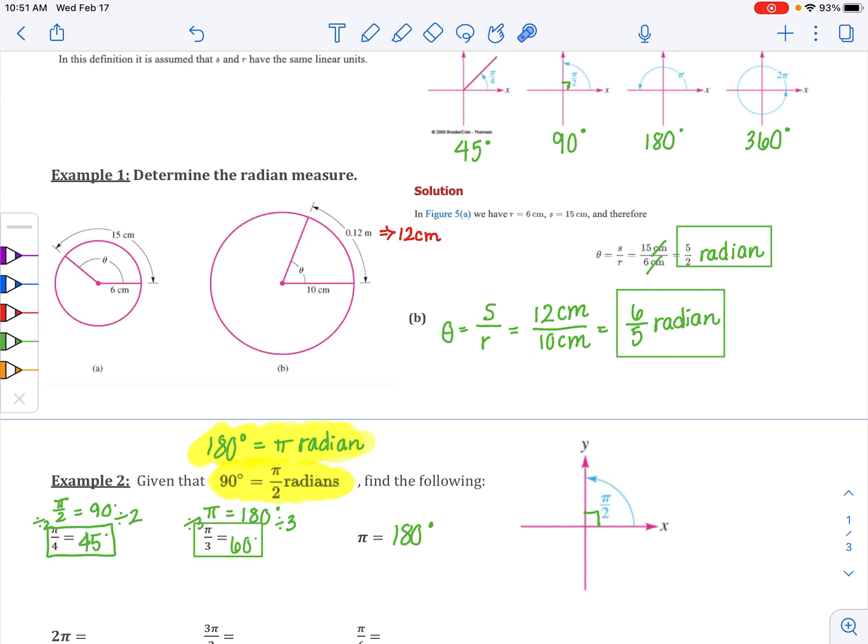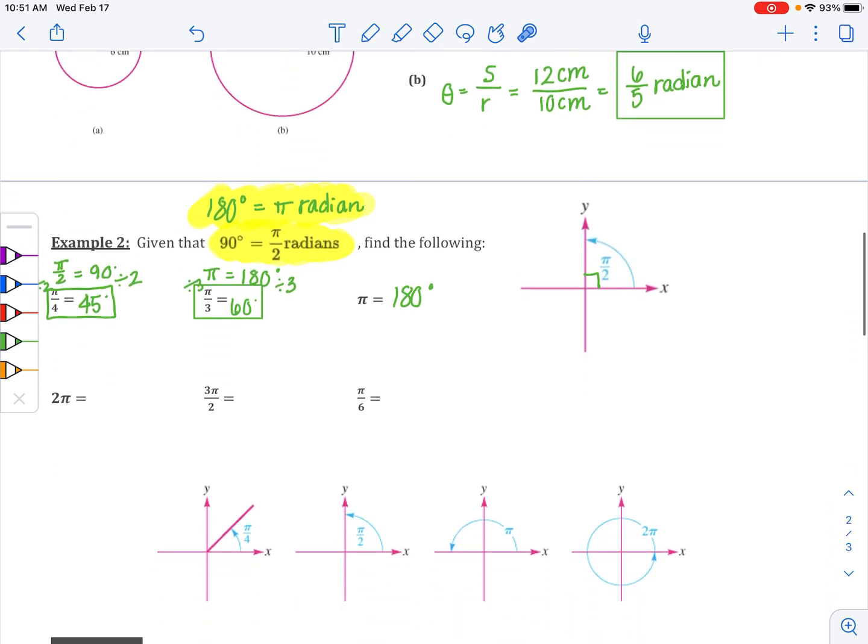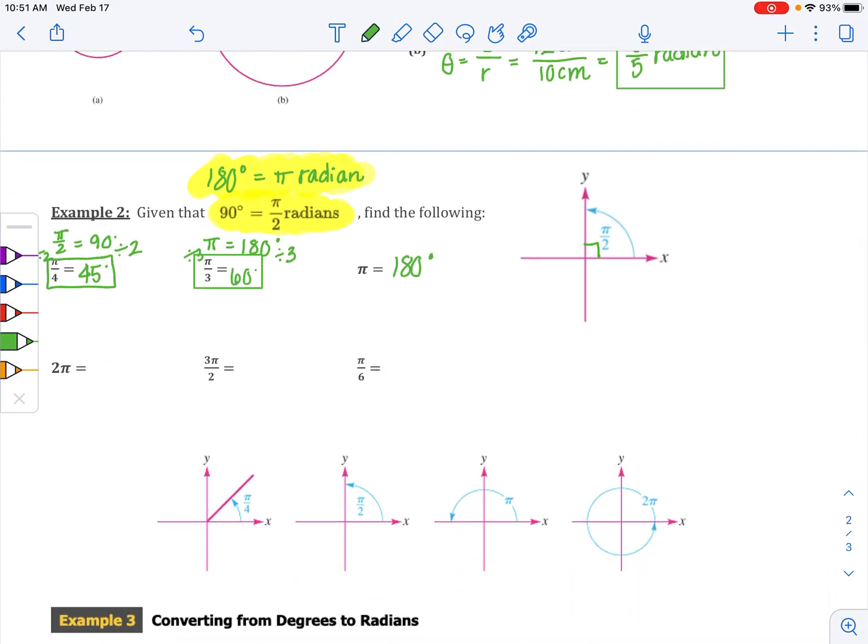Double that, you double 180. Hopefully we're seeing this connection now. If you keep going, this is the same as pi plus pi over 2. We know pi. We know pi over 2. So add those together. 180 plus 90, 270.